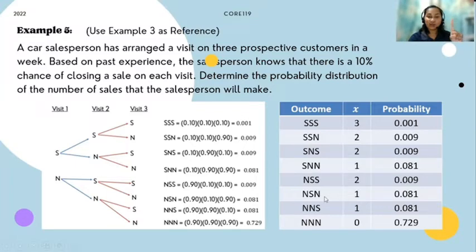NSN, we have 1 S. NNS, also 1 S. And then NNN, meaning no sales. For the probability, we also take note of their corresponding probabilities, still based on this illustration, considering that for a successful sale you only have 10% and then 90% for no sale.